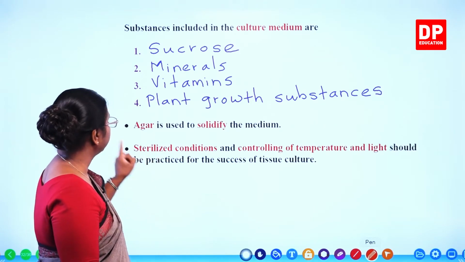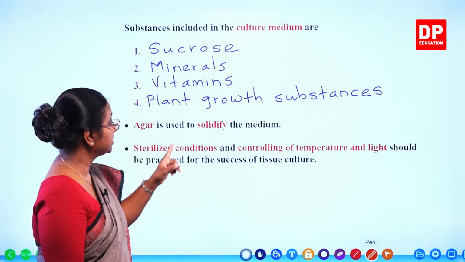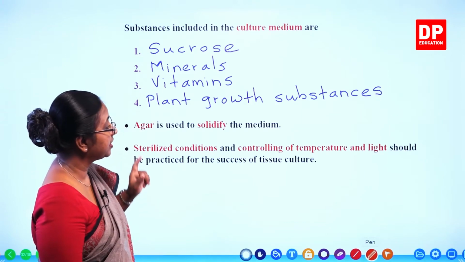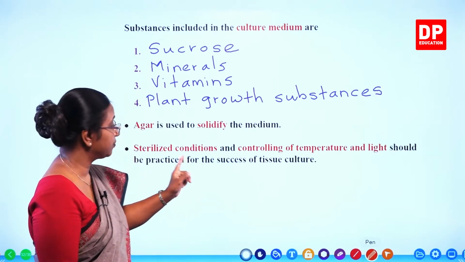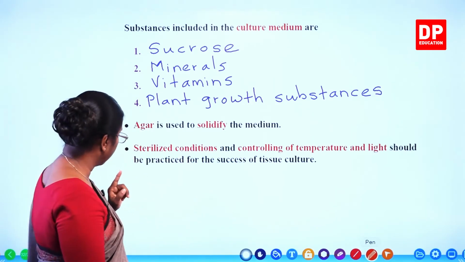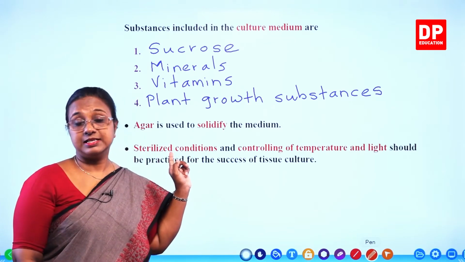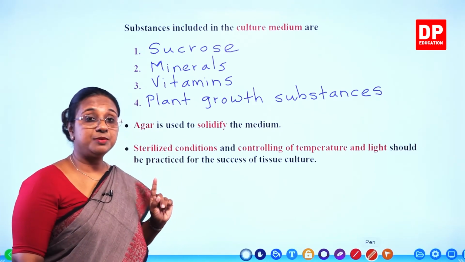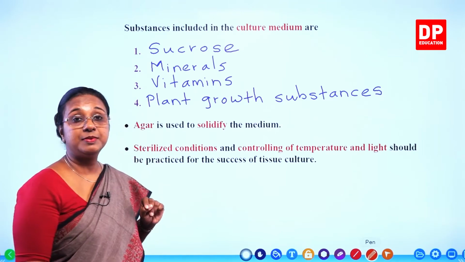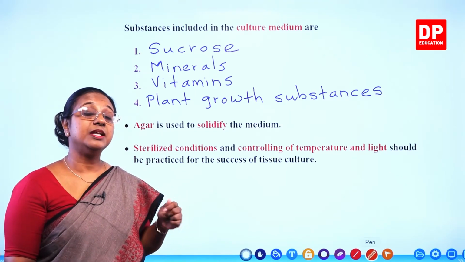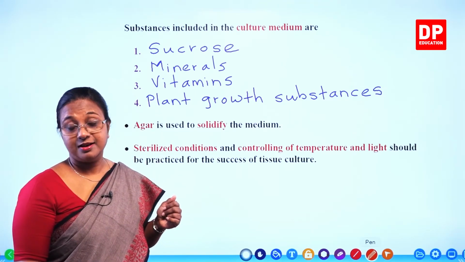Then we need to provide sterilized conditions, and controlling of temperature and light should be practiced for the success of tissue culture. Why sterilized conditions? Now I mentioned before also about the culture medium, using the culture medium for the growth of bacteria.